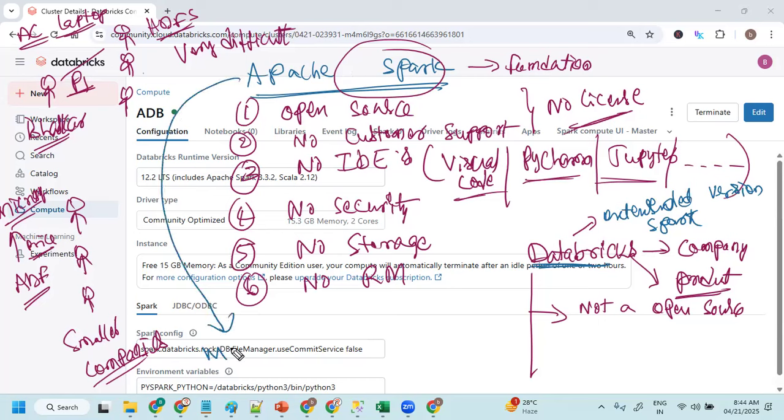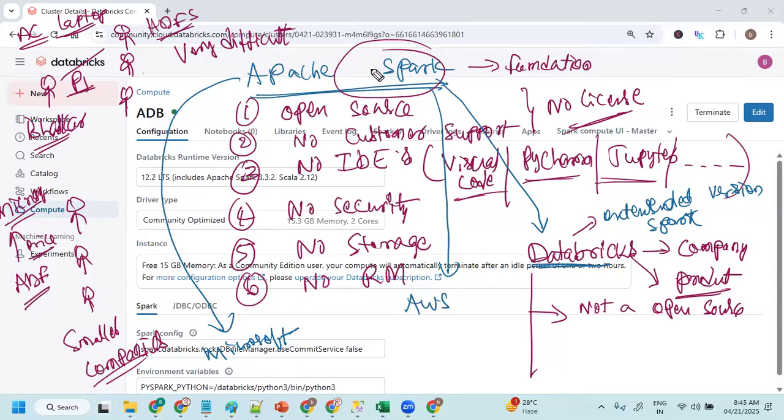Microsoft also has taken it. And AWS also has taken it. And Databricks also has taken it. Of course, it is their own product. On top of this Apache Spark, they created a product called Databricks, and their company name is also Databricks. So the extended version of your Spark is Databricks.